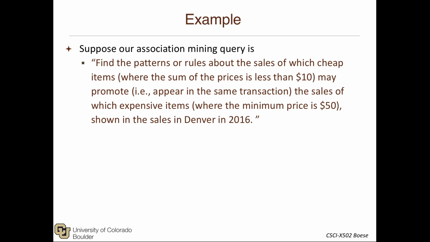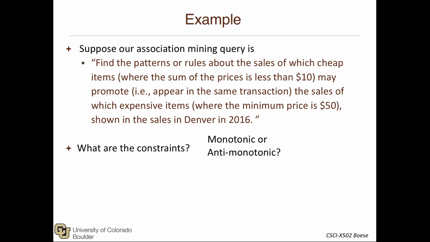And so we're defining expensive items when the minimum price is $50, shown in the sales in Denver in 2016. All right, so that would be what we're trying to mine. That's our query. And so what we want to look for is, what are the constraints within this text? And then we want to determine, are they monotonic or anti-monotonic, as well as are they succinct?